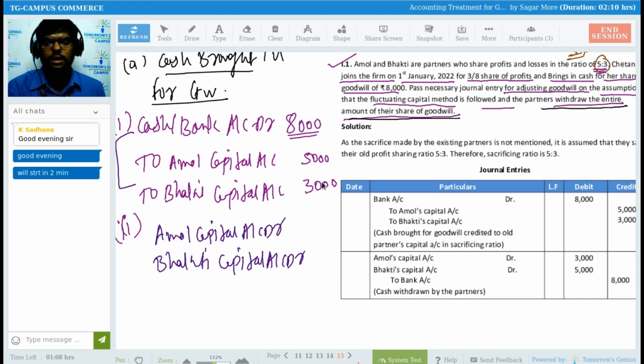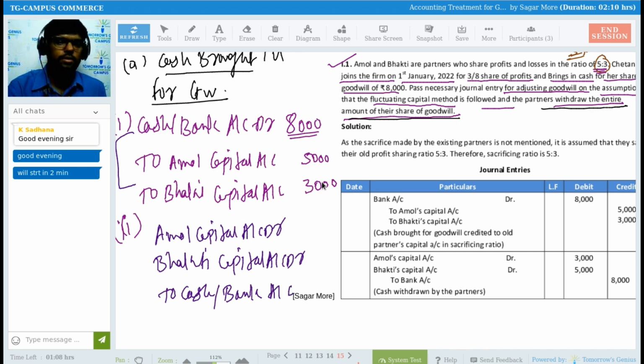Okay, so Amul's capital account debit, Bhakti's capital account debit to cash or bank account, right? So how much is the amount? They have withdrawn the entire amount, so I will write 8,000 rupees here. In which ratio do we have to do this? Obviously, sir, their profit sharing ratio. What is their profit sharing ratio?